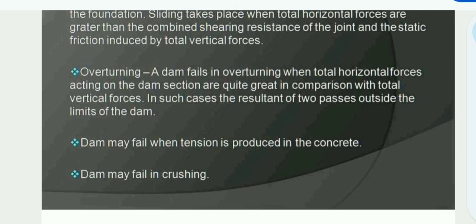Overturning: the dam fails in overturning when total horizontal forces acting on the dam section are quite great in comparison with total vertical forces, causing the resultant of the two to pass outside the limit. The dam may fail when tension is produced in the concrete. Dam may fail in crushing.